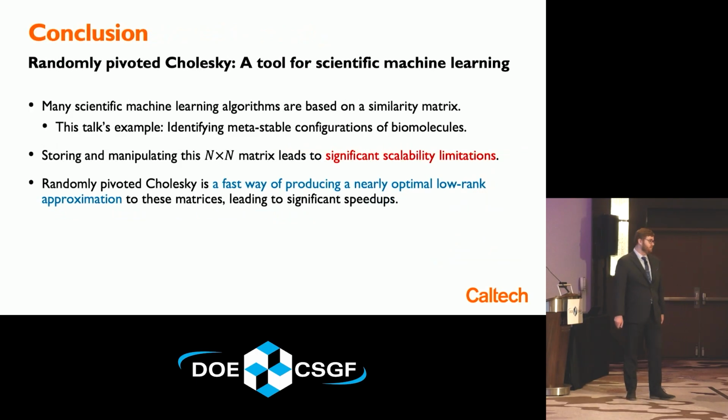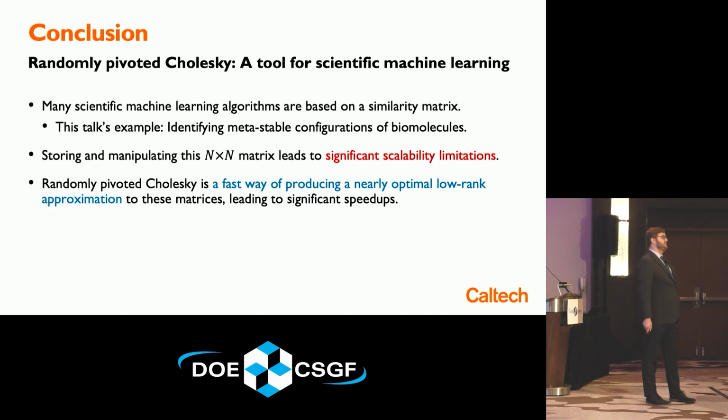All right, so to conclude, many scientific machine learning algorithms, such as clustering for biochemistry, are based on a similarity matrix. Storing and manipulating this n by n similarity matrix leads to significant scalability limitations.